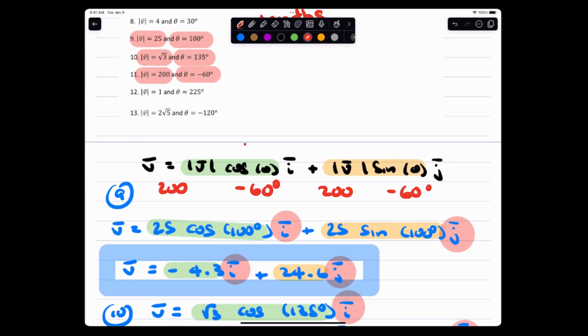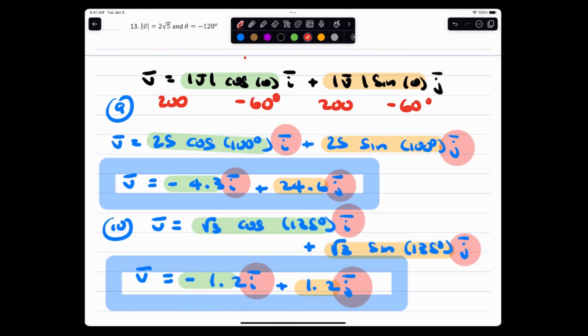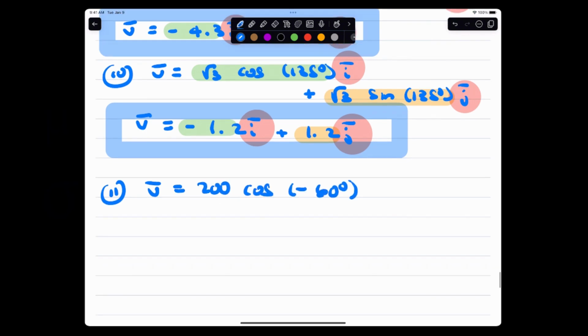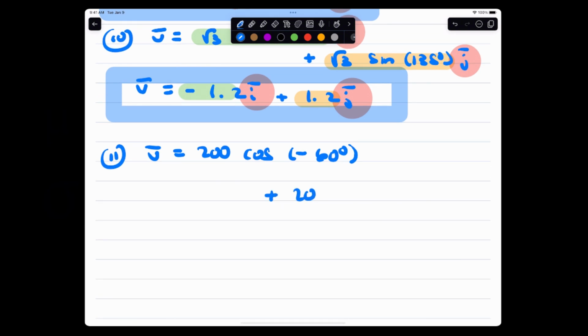Okay, so here we go. 200 cosine negative 60 degrees plus, don't forget the i vector, 200 sine negative 60 degrees j.